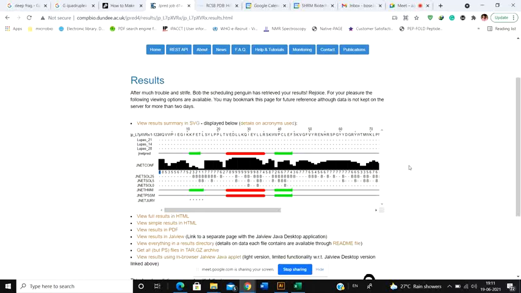The higher the score, the better the solvent accessibility, whereas the lower the score, the lesser the solvent accessibility. So you see this is 1. This threonine has a score of 1. That means no water is present at that particular location. This molecule is not accessible by solvent molecules.